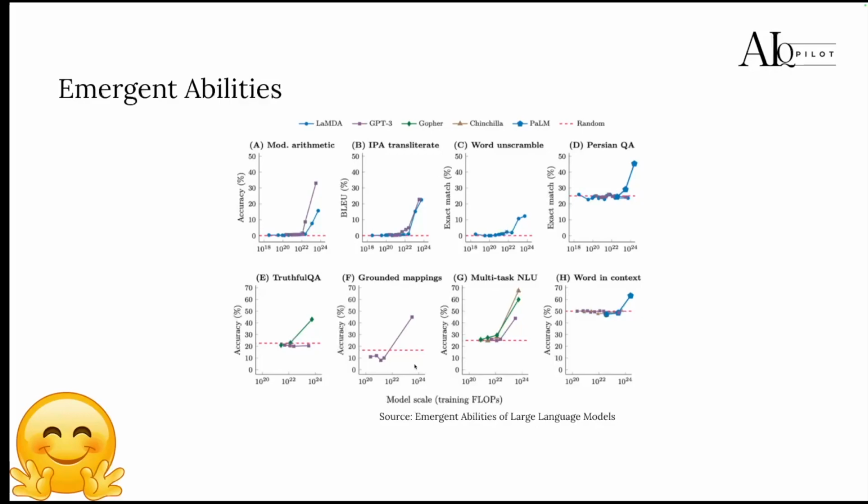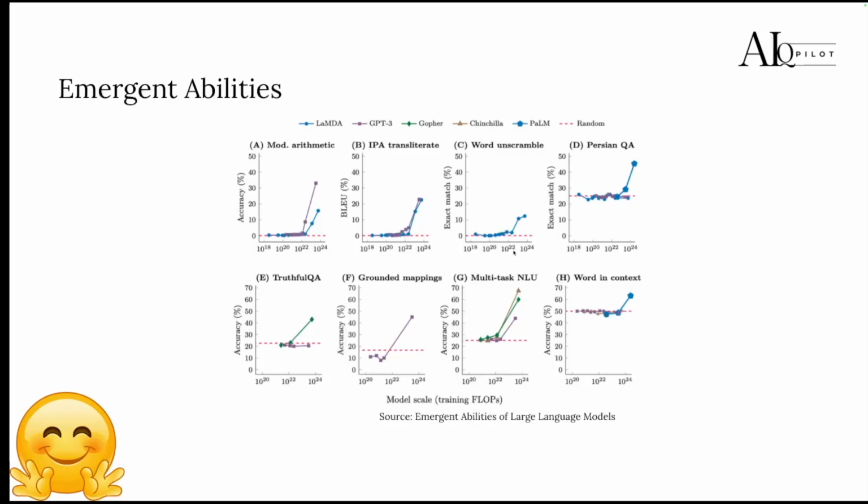As you can see, this is a result from a paper entitled Emergent Abilities of Large Language Models. You can see in all these different diagrams that there is a notable leap in the accuracy of the output after reaching a specific parameter count. This is very interesting, and it creates challenges for things like explainability of the output.